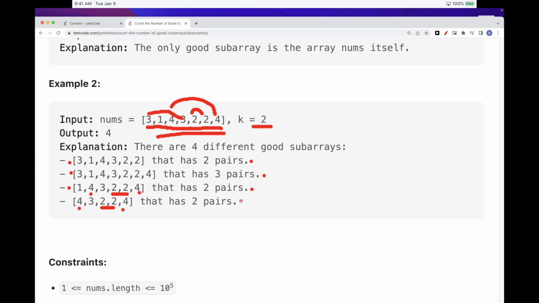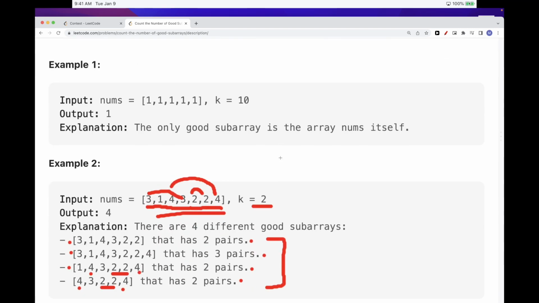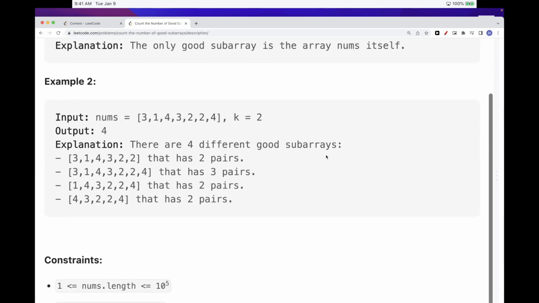And those are the only ones. If you try to move right again, then you lose the 4, so you'd have 1 pair. Okay, so total is 4 subarrays that are good according to this definition of good. So that's the idea. I hope that was clear.